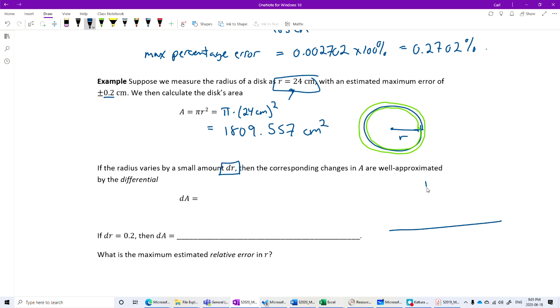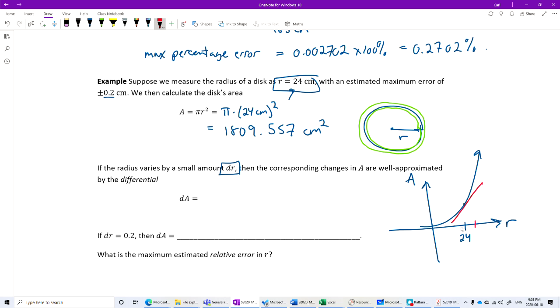So here's the graph. We know that A depends on r. It's actually a parabola, right? A depends on r like a parabola. And here's my r. What if my radius varies a little bit?